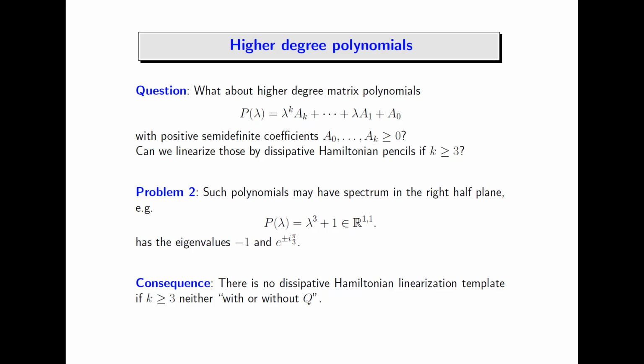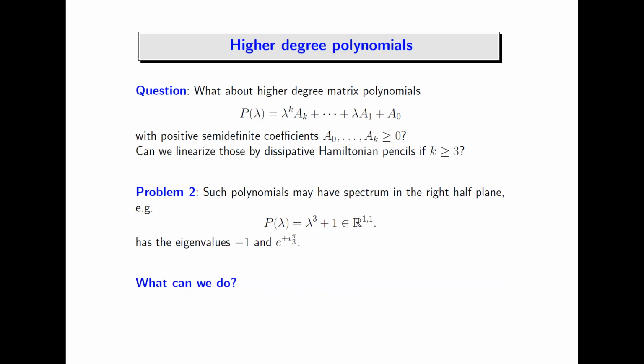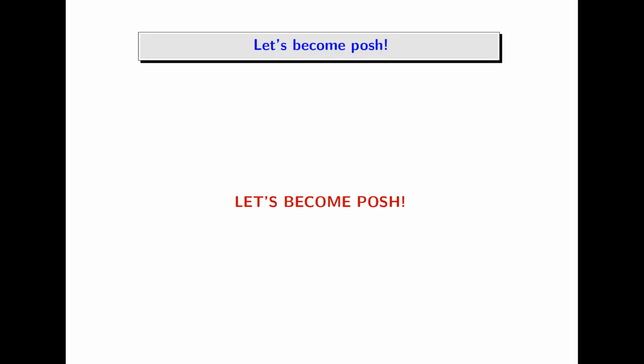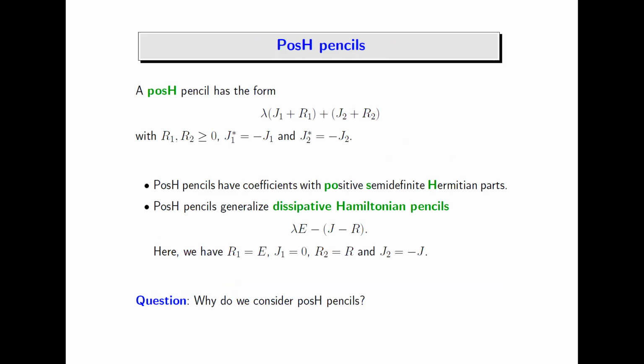And at this time, let's become posH and look at posH pencils. So posH refers to positive semi-definite Hermitian parts, which means that we now look at pencils that have the form given here.